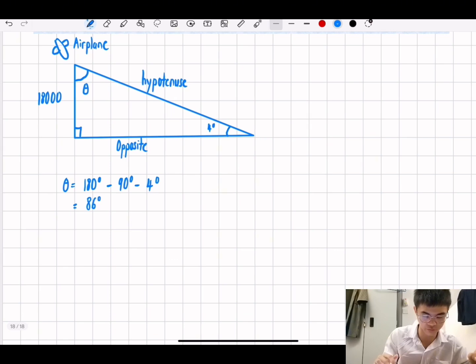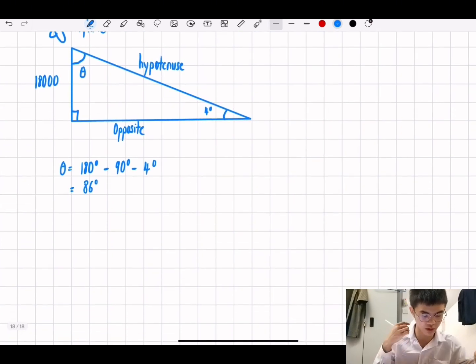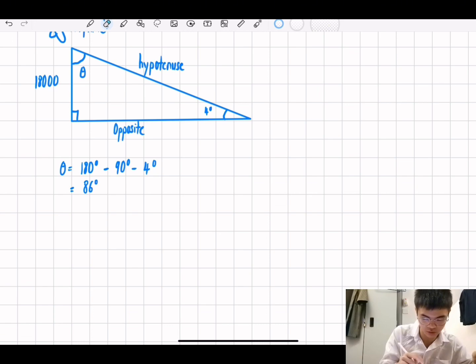Now we have theta and we have to find the formula with opposite and adjacent, which is tangent theta equals opposite over adjacent.